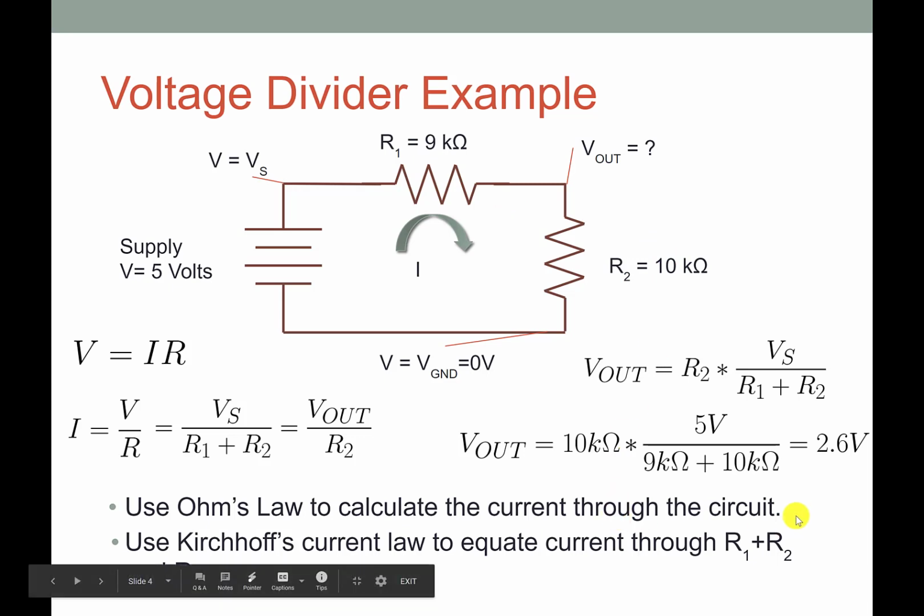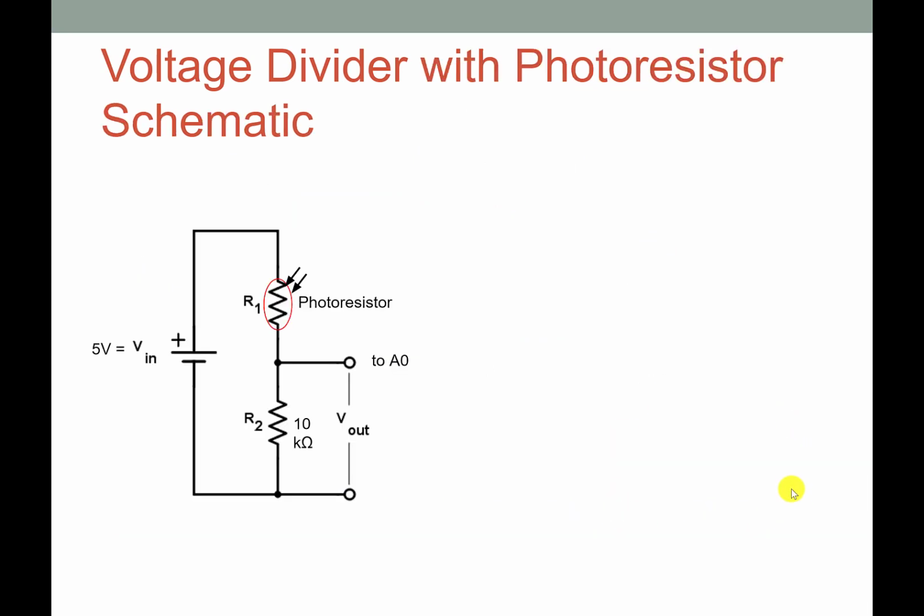So we can use that to our advantage in creating a voltage divider with this photoresistor. We can measure this voltage out, and it will change based on what the resistance is of the photoresistor. So as the light hits the photoresistor, or as the photoresistor senses darkness, V out is going to change.